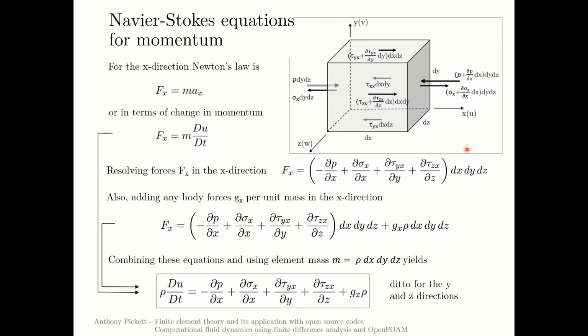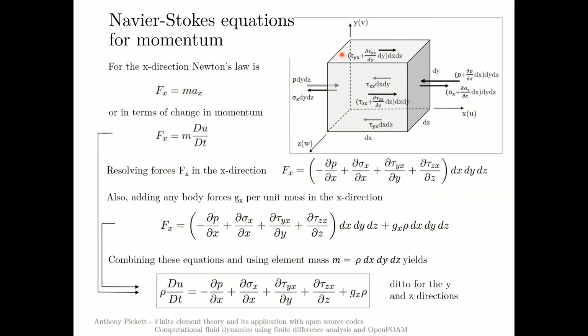The element will have surface stresses due to the adjacent liquid. So for example, on this face here, we will have a shear stress tau yx. It's on the negative y face in the x direction, and the area is dx dz. So it gives us our total stress on this face.